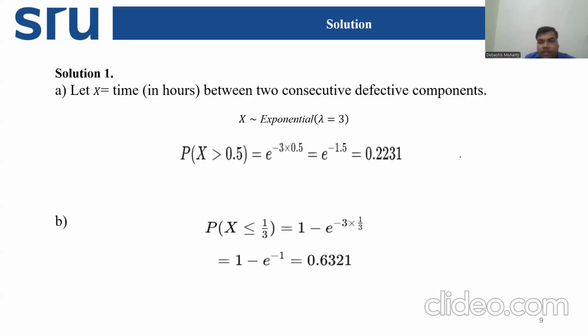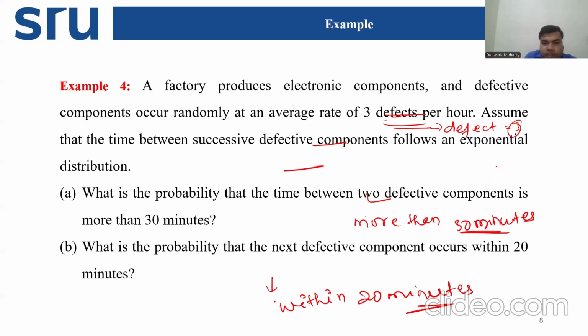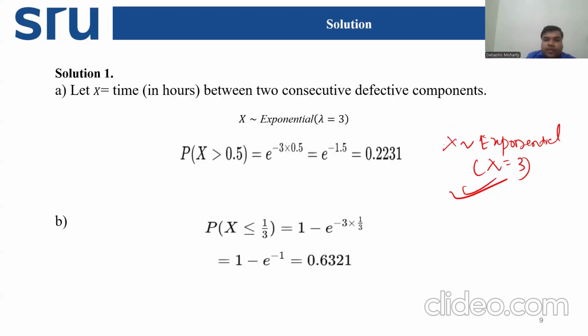So here, the first question is between two consecutive defective components. So the x value is exponential, and the lambda value equals 3, because as we saw, the defect rate is 3 defects per hour. So here lambda value equals 3. Now we need to find the probability of x greater than 0.5.